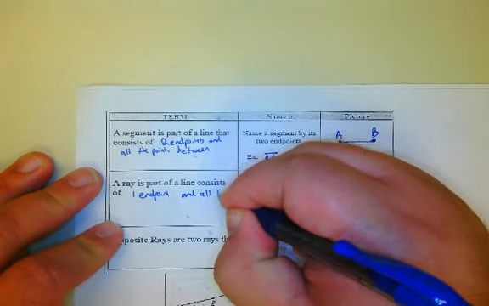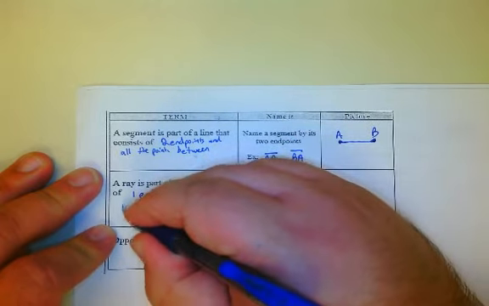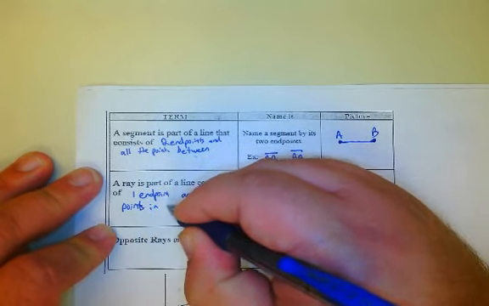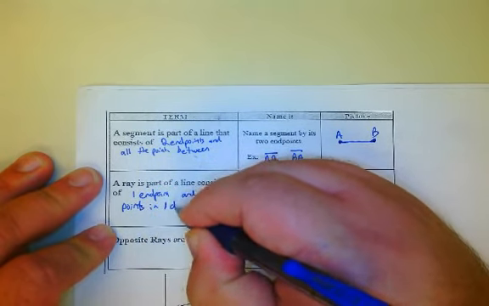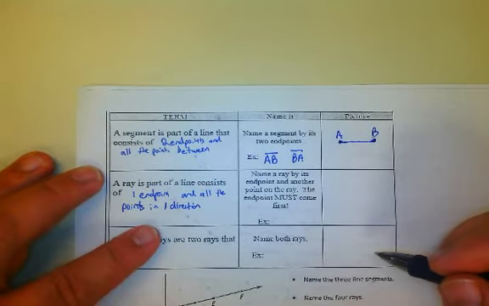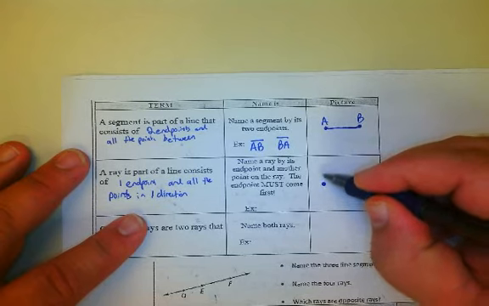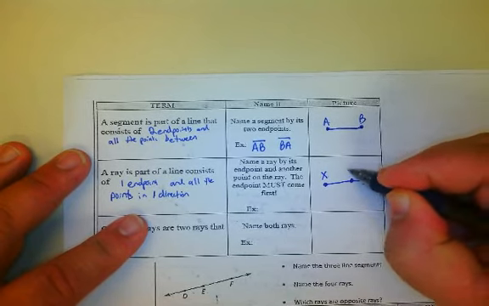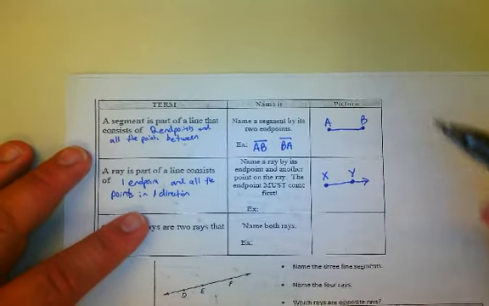A ray is part of a line that consists of 1 endpoint and all the points in one direction. And only one direction. For example, X and Y. Okay?